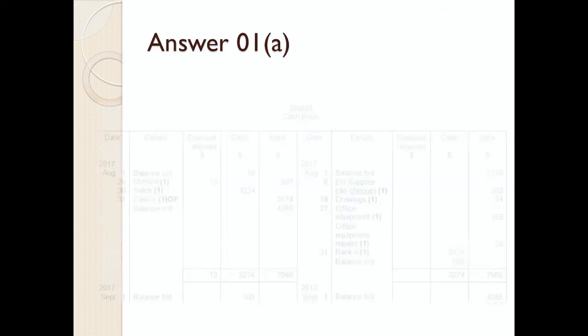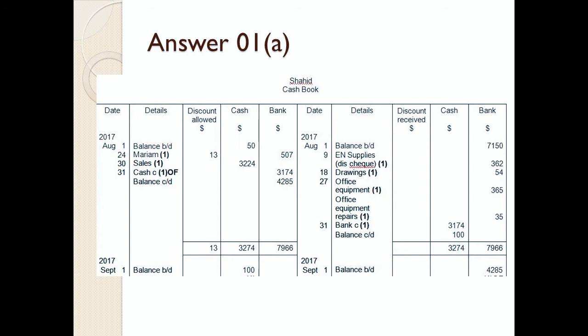Let's see the answer. One by one, on the debit side, for discount allowed you have written 35. In the cash column, you previously had $50, and with cash sales altogether your cash account is debited 3,274.